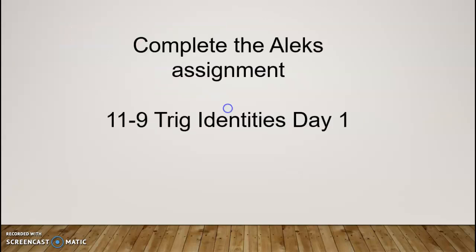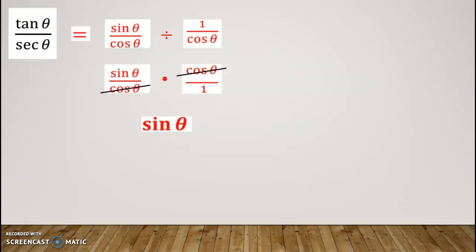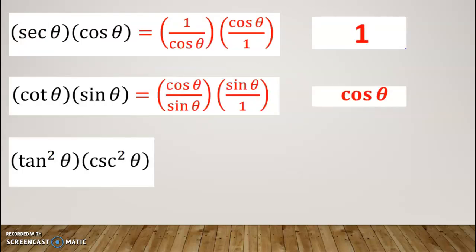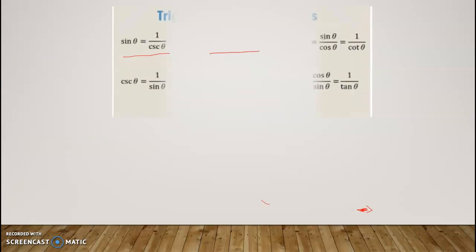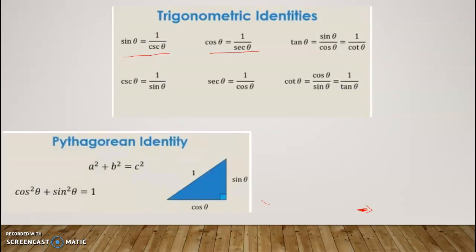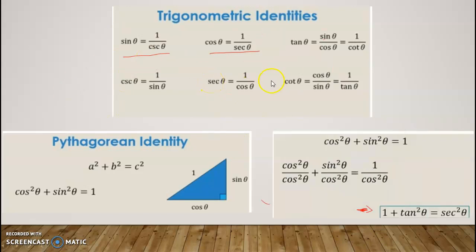All right? Okay, so now what I want you to do is go complete the Alex assignment, the 11 trig identities, day 1. Now you're going to have a lot like these right here, but then it's going to ask you to do a proof, and then they're going to ask you which identity or which rule they're using.